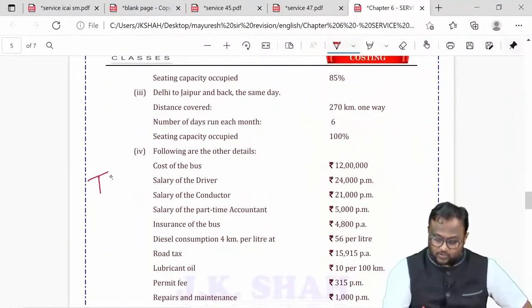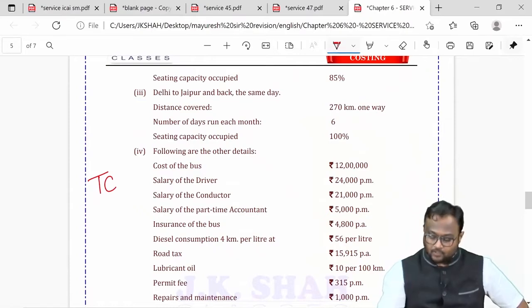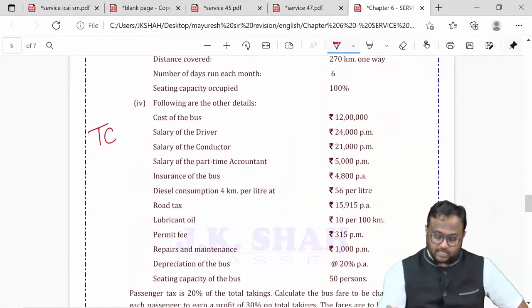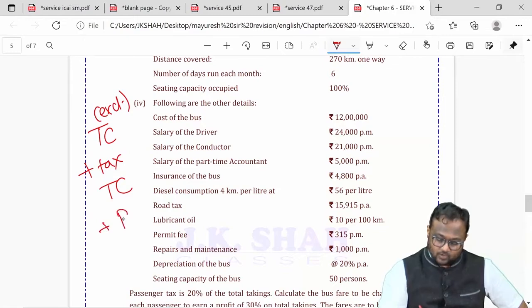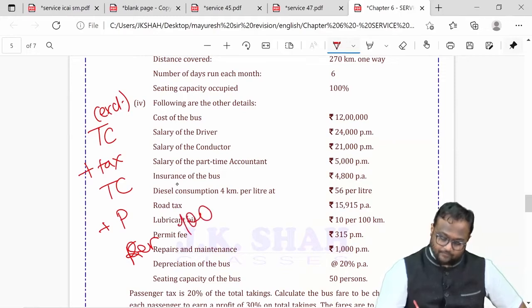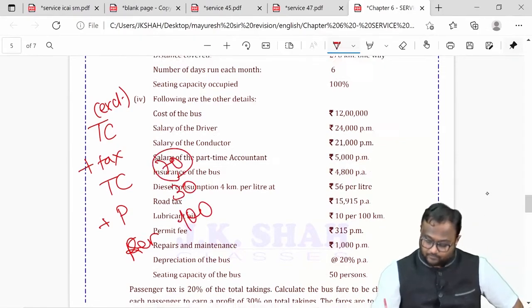You get your total cost. Your tax is based on taking. So get total cost, then tax. You will get total cost. This is total cost excluding taxes. This is final total cost, then profit, and then the revenue to be collected. If I assume this to be 100, this is 30, this is expected to be 70.